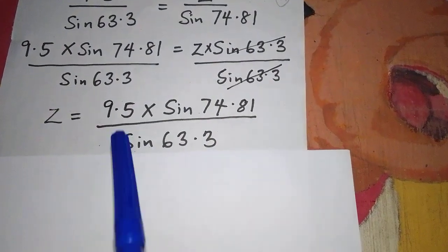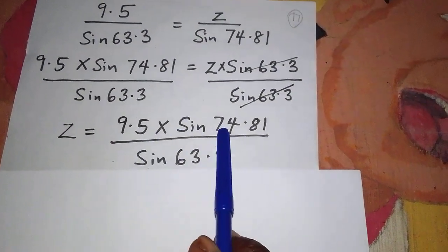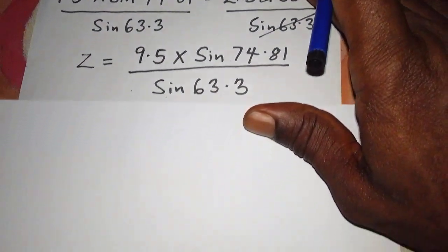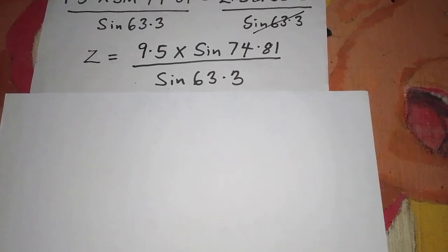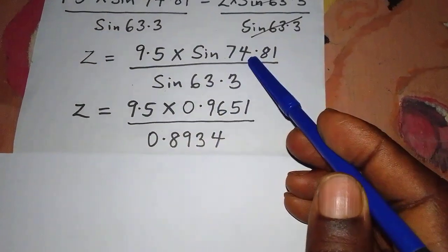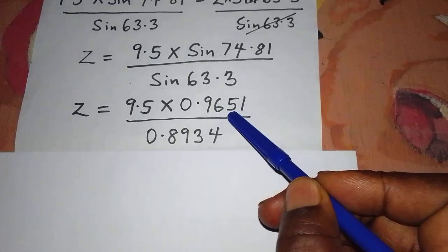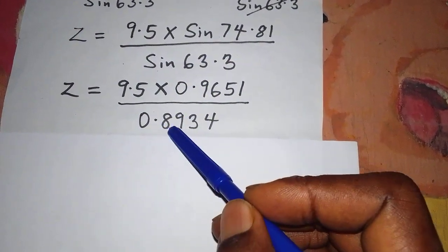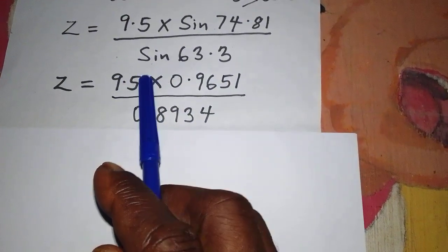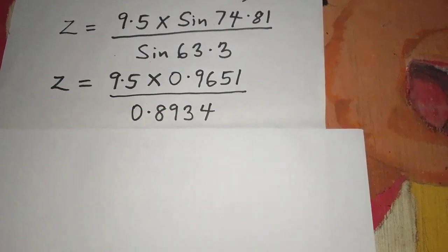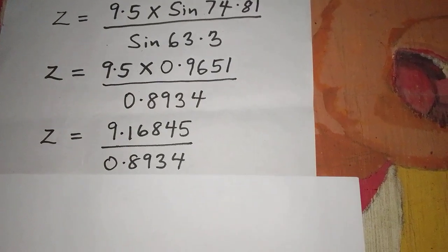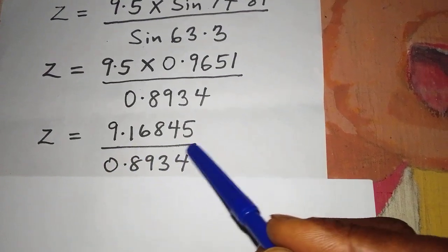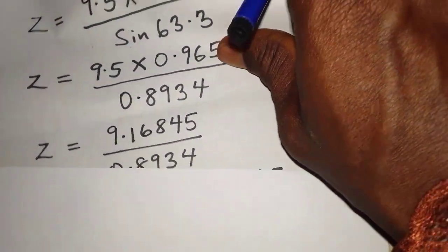So Z will now be equal to 9.5 times sine 74.81 all over sine 63.3. Now you look for the value of sine 74.81, which is 0.9651, over sine 63.3, which gives you 0.8934. If you multiply the numerator, 9.5 times 0.9651, will give you 9.16845, divided by 0.8934.